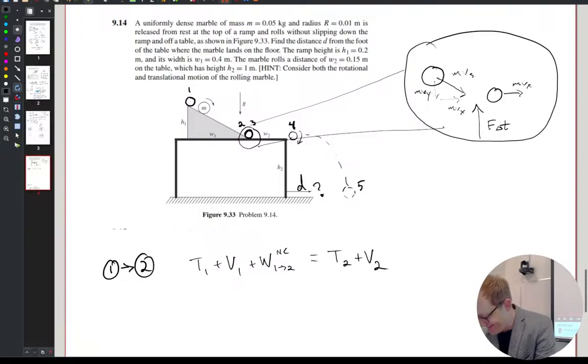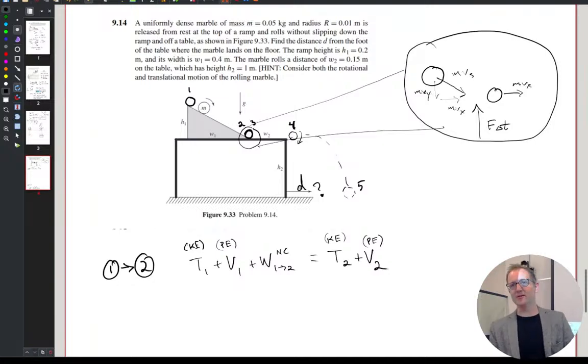KE, PE. I know, there's always a new variable. They're variables, they vary.